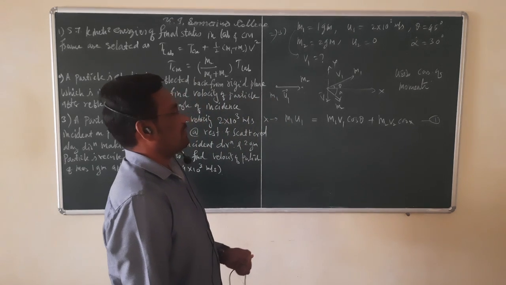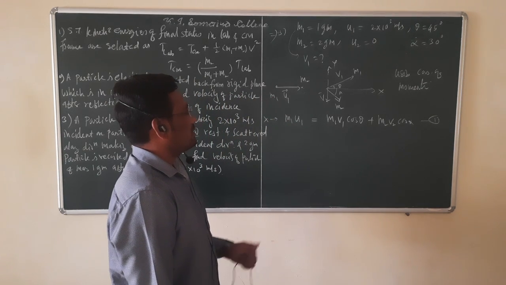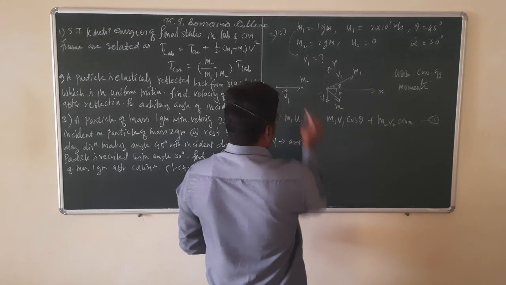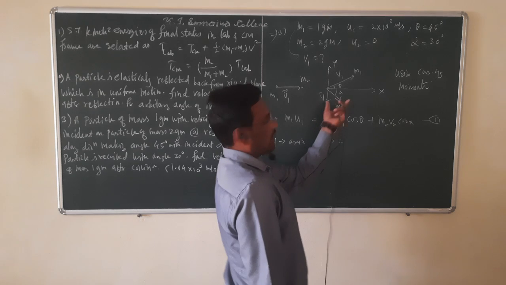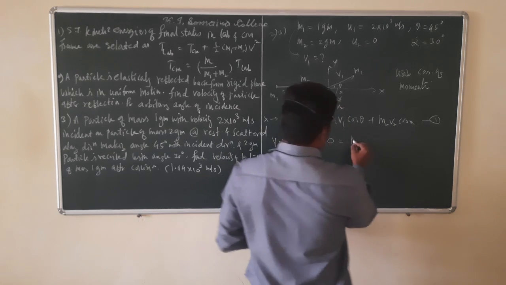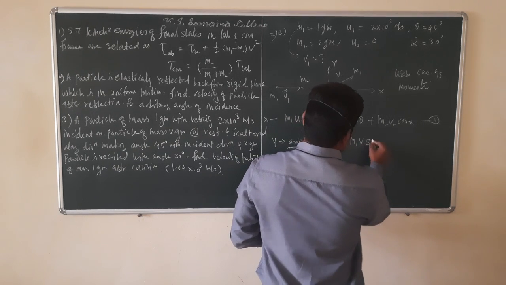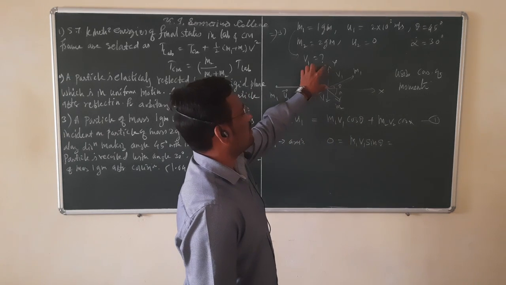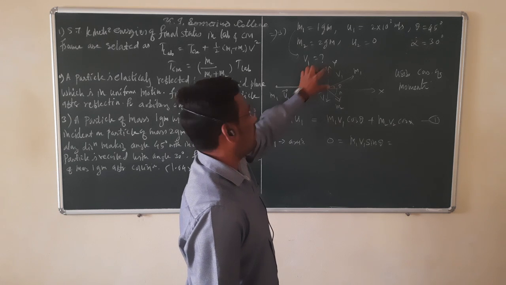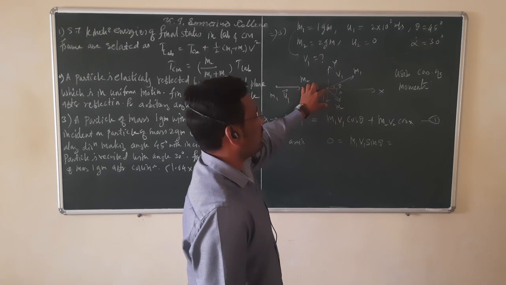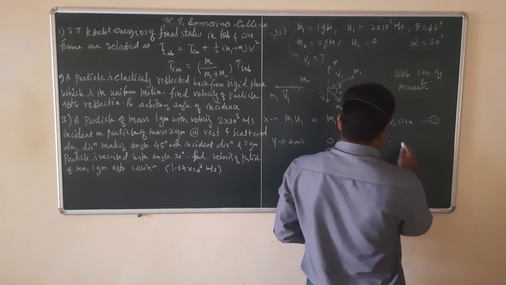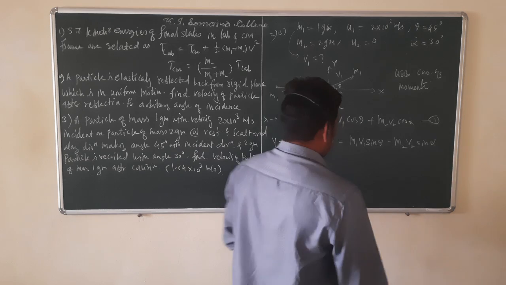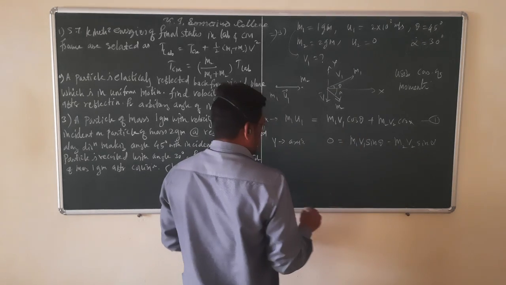Now the next equation is along the y-axis. Momentum before scattering is 0, and after scattering it is m1 v1 sin theta for this component and minus m2 v2 sin alpha for the other, so 0 equals m1 v1 sin theta minus m2 v2 sin alpha.